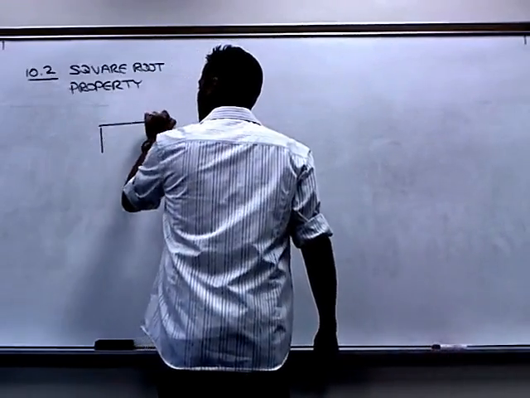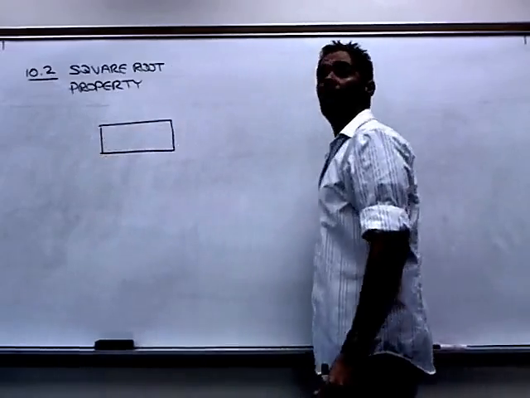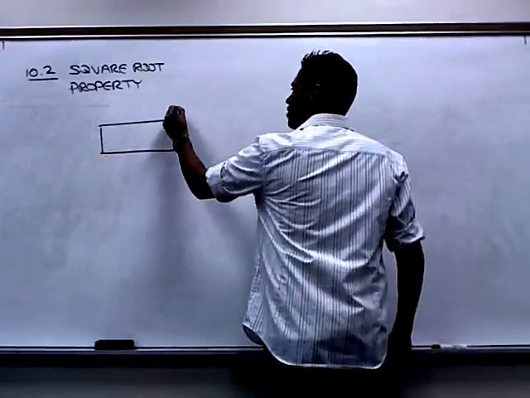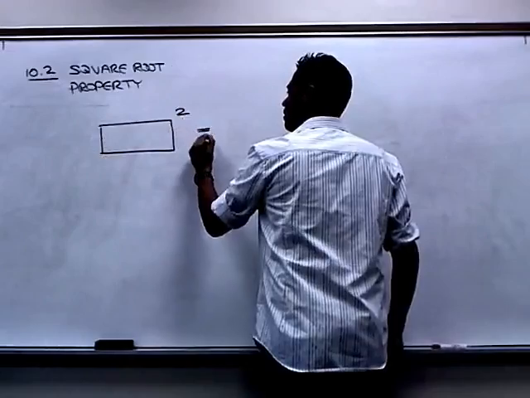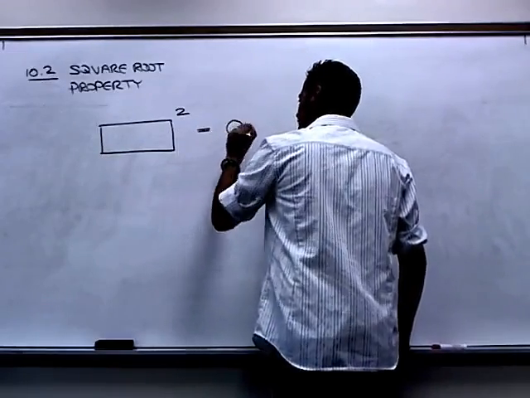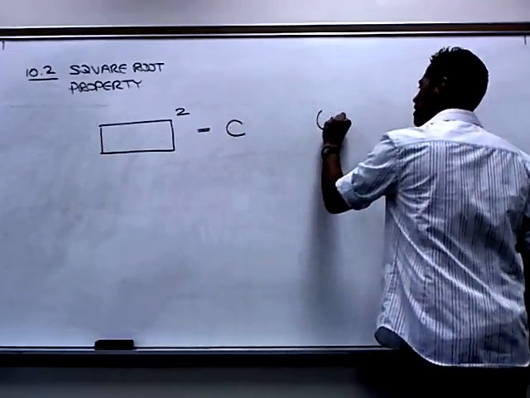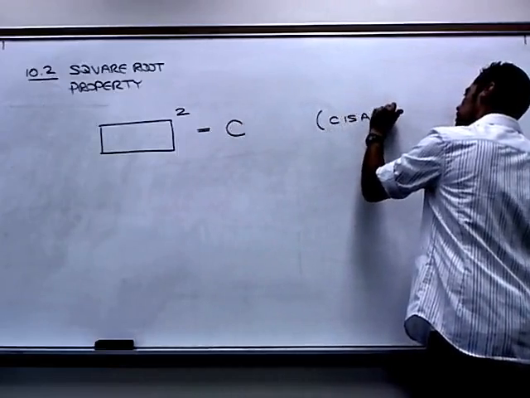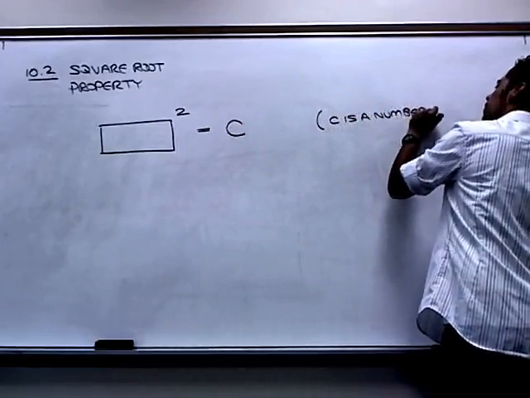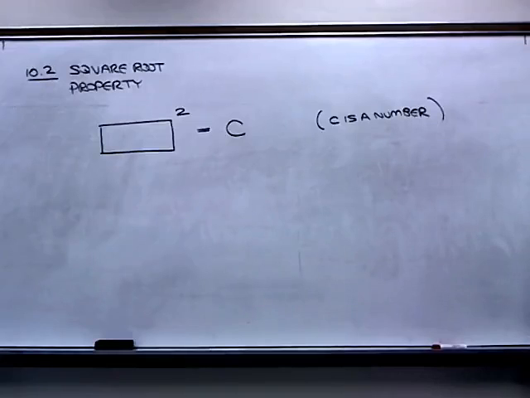Let's say you have something, which I'm going to represent with a box, squared equals C. And C is a number. Something squared equals a number.